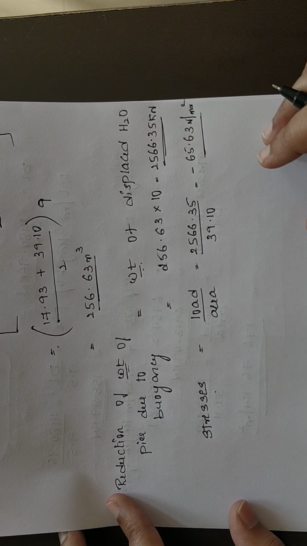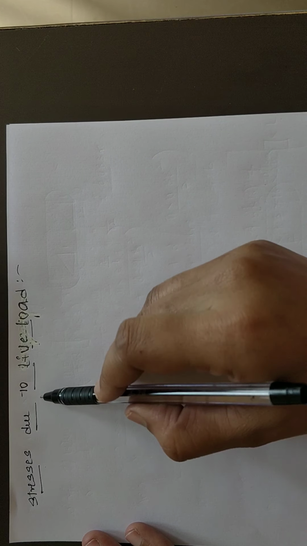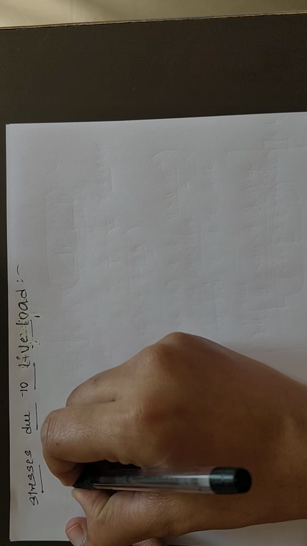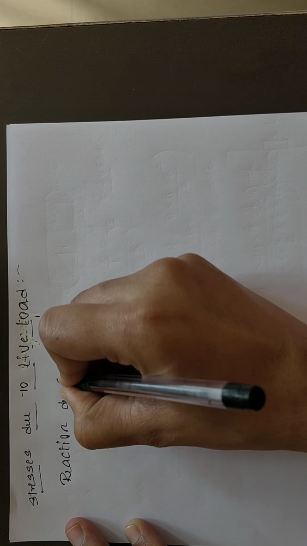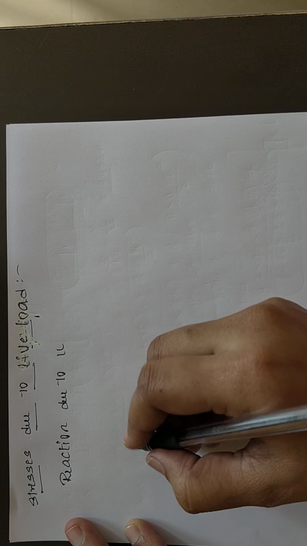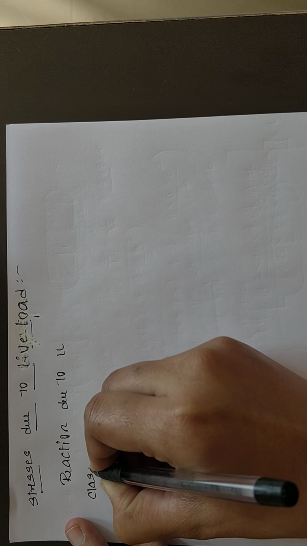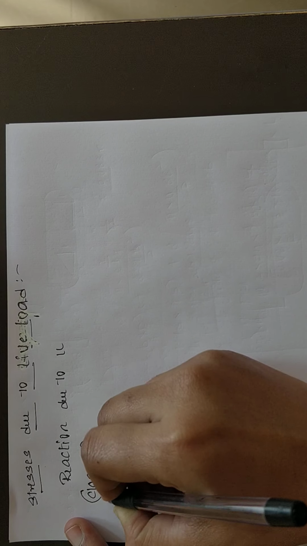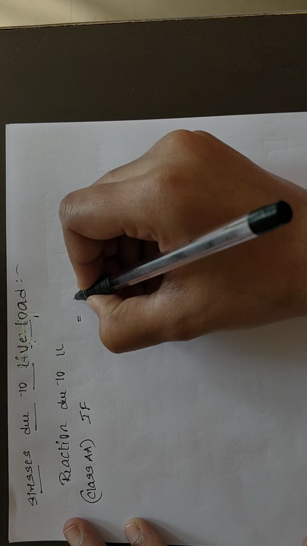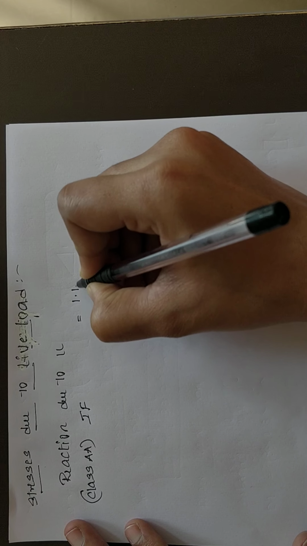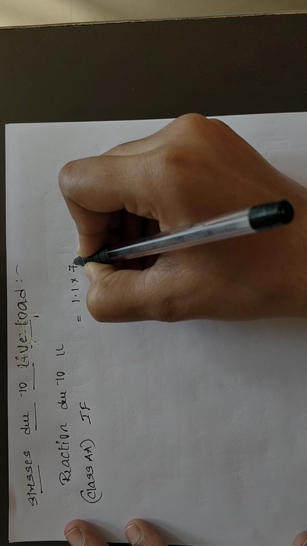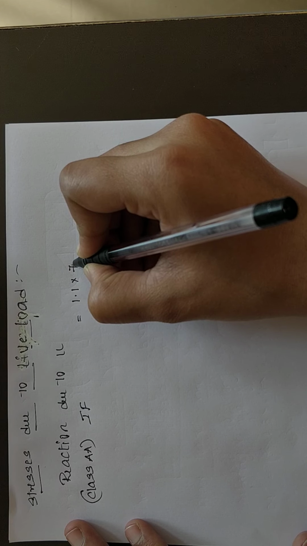Next you need to calculate stresses due to live load. That is the reaction due to live load for class AA tracked vehicle, including impact factor. Take the impact factor as 10%, add plus 1, it will be 1.1, multiplied by the total weight of the IRC class AA tracked vehicle.